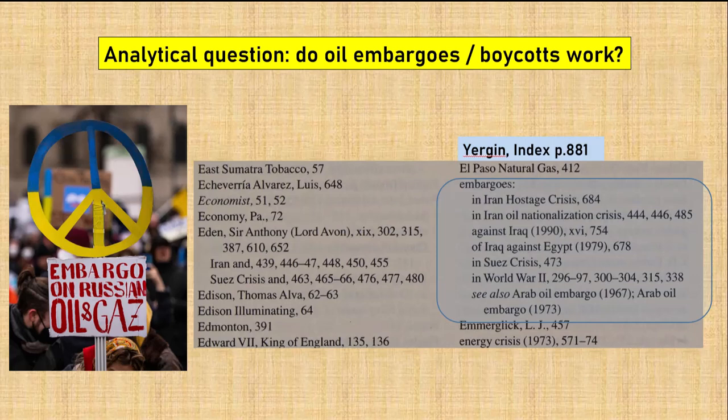Russia had been a major exporter of oil, especially natural gas, to Europe. And so Europeans are paying substantially more for their energy today than they were before they imposed this embargo on Russia. So you're kind of shooting yourself in the foot by trying to impose this penalty on someone who's doing something you don't like.